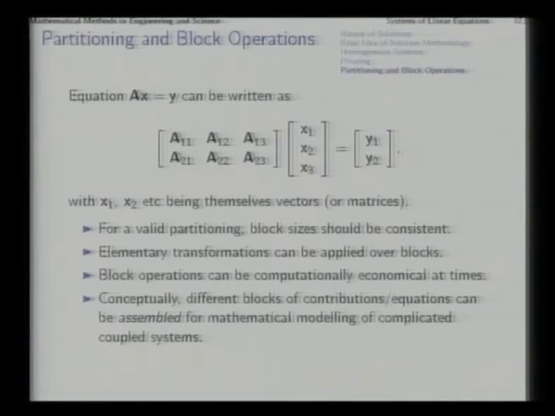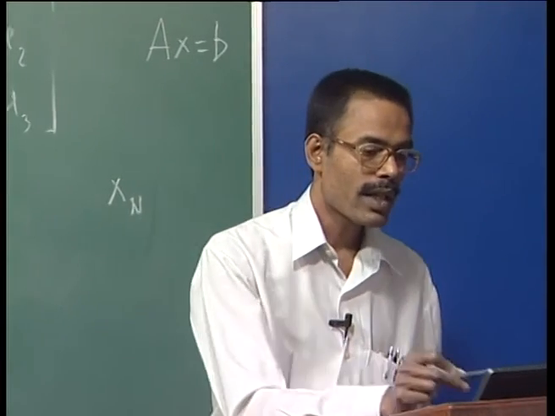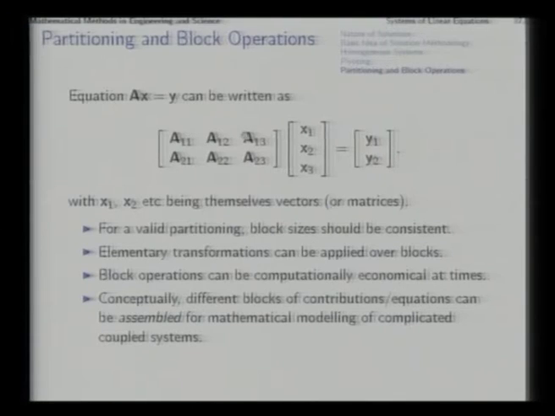Quite often you will find that a matrix can be written partitioned in this manner, and along with that the variable vector also gets partitioned in this manner, and the right hand side vector also gets partitioned in this manner, and this is fine as long as the associated steps of matrix multiplication, matrix vector additions and the equalities make sense.